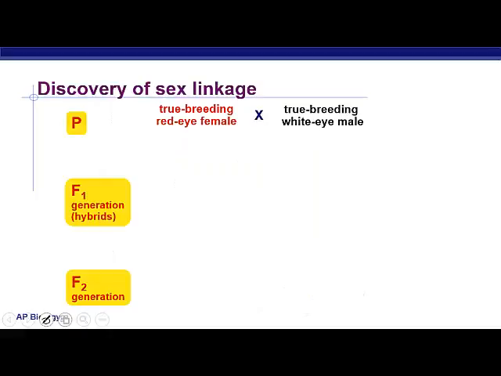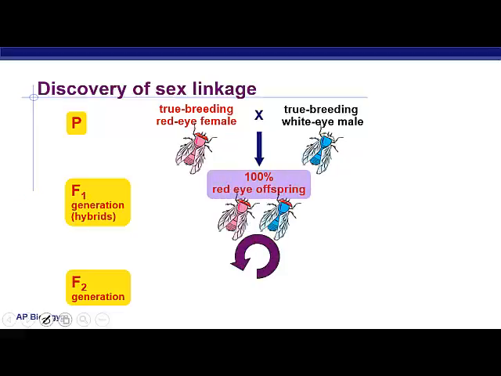He's got a red-eyed female and a white-eyed male. They're the flies. And he crossed them. And when he crossed them, all of the offspring had red eyes, whether it was a boy or a girl. So this makes you think it's dominant recessive, right? Well, red must just be dominant over white.